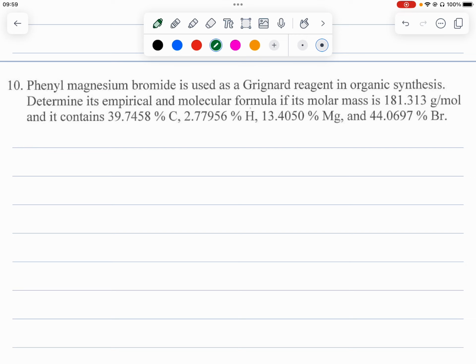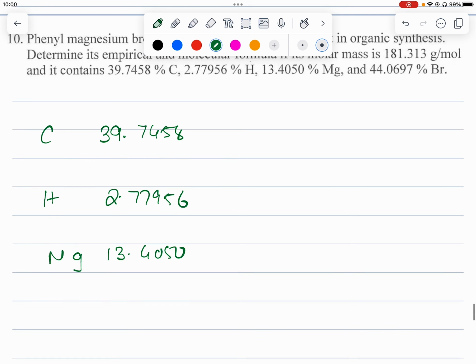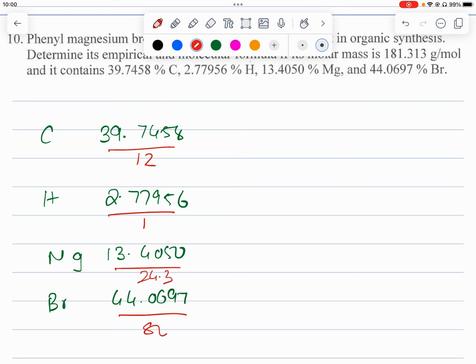It contains carbon 39.7458, hydrogen 2.77956, magnesium 13.4050, and bromine 44.0697. So I divide by their atomic masses: for carbon 12, for hydrogen 1, for magnesium 24.3, for bromine 80.